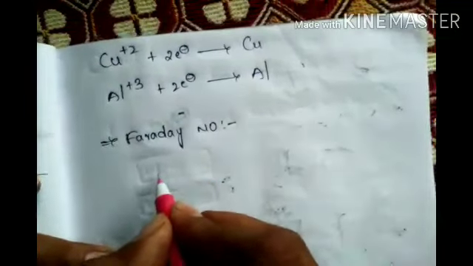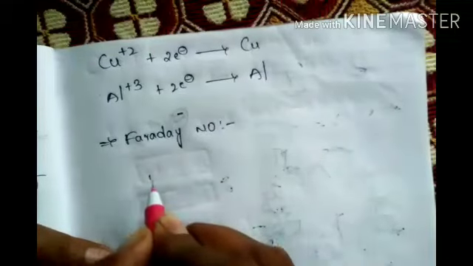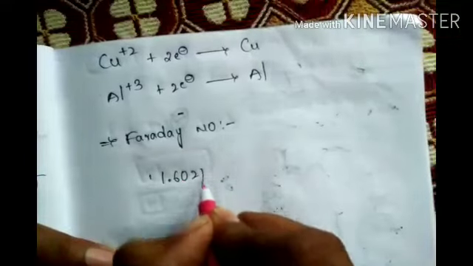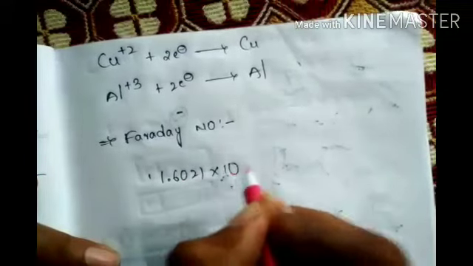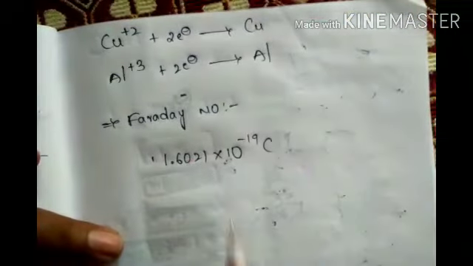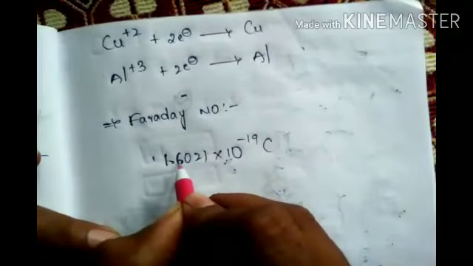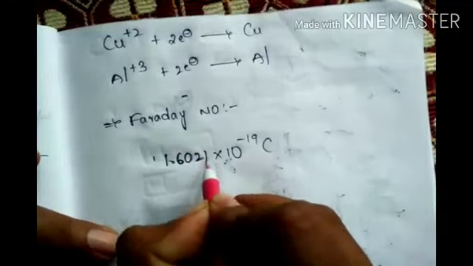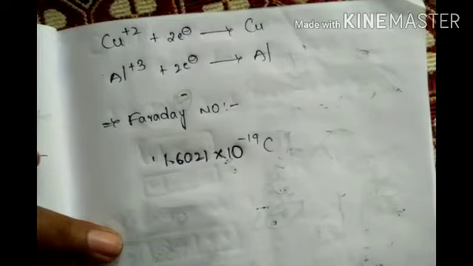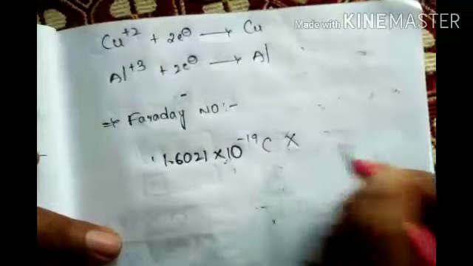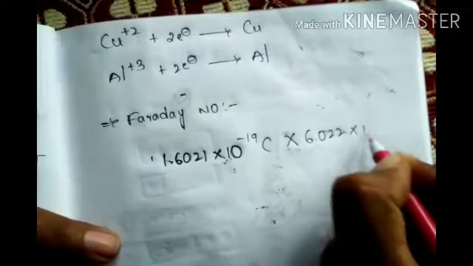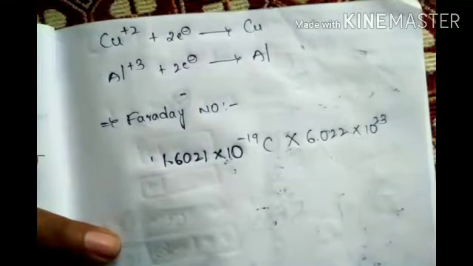It is equal to 1.6021 into 10 to the power of minus 19 coulombs, which is the charge of an electron, into the Avogadro number 6.022 into 10 to the power of 23 per mole.